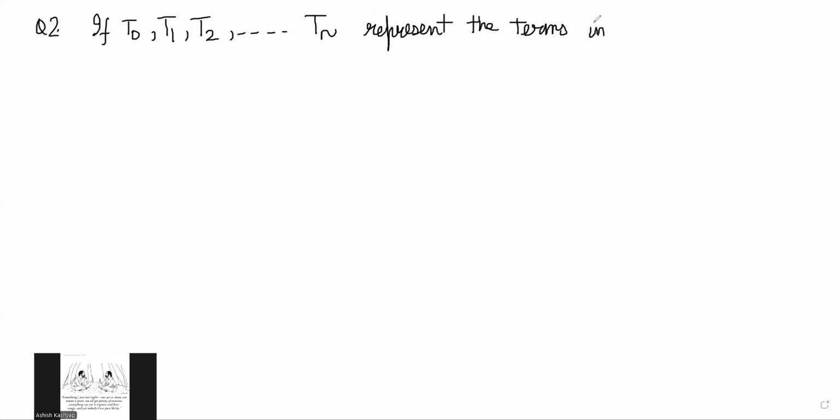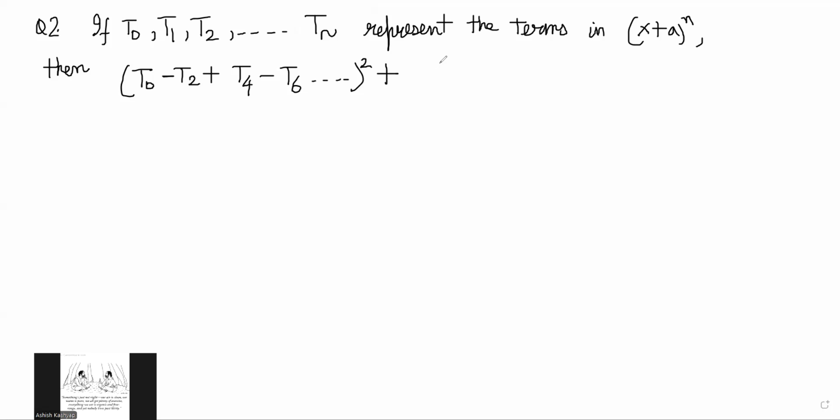This question says, if t0, t1 till tn represent the terms in (x + a)^n, then find the expression for (t0 - t2 + t4 - t6 and so on) whole square plus (t1 - t3 + t5 - t7 and so on) whole square.